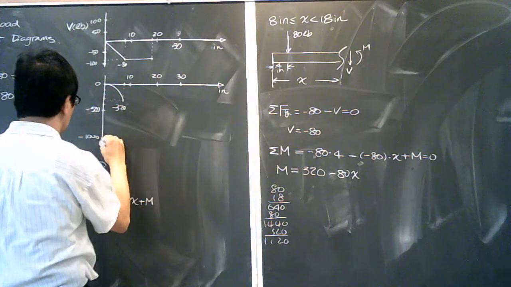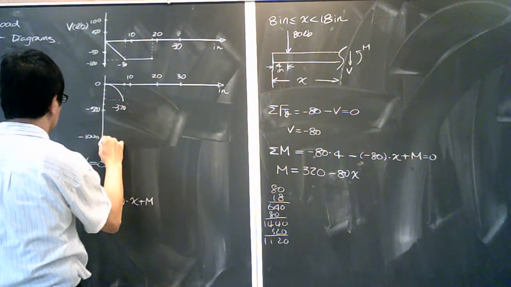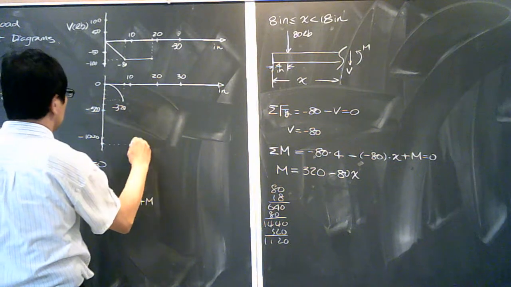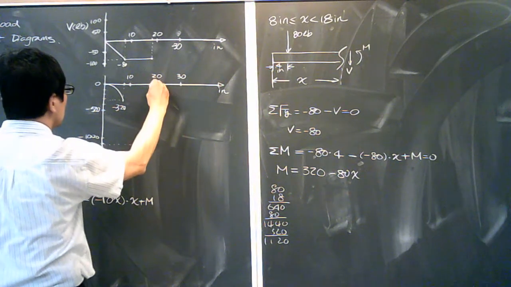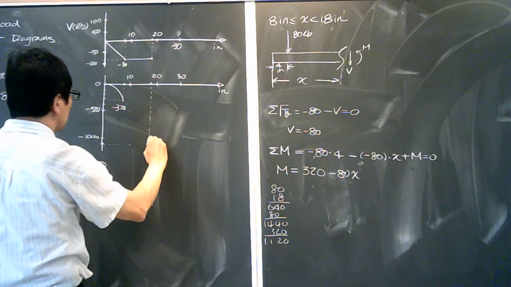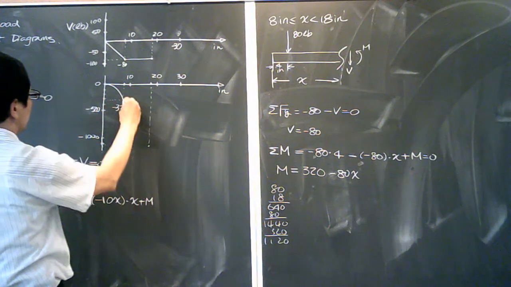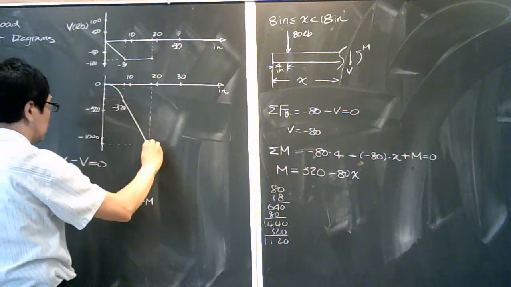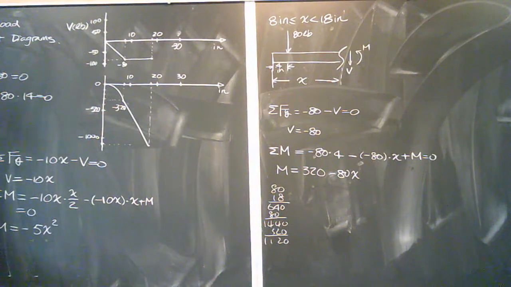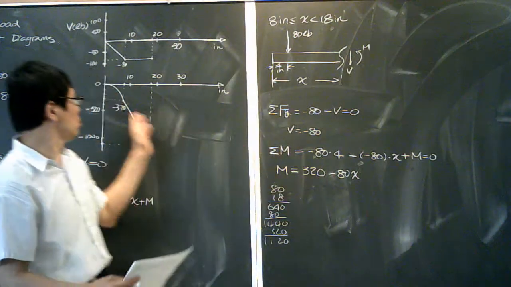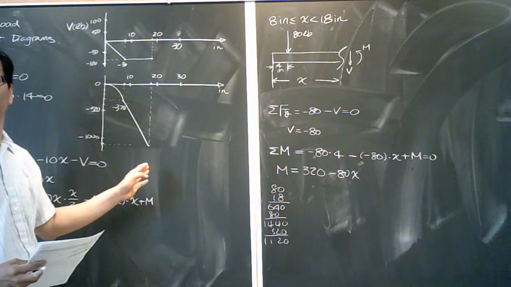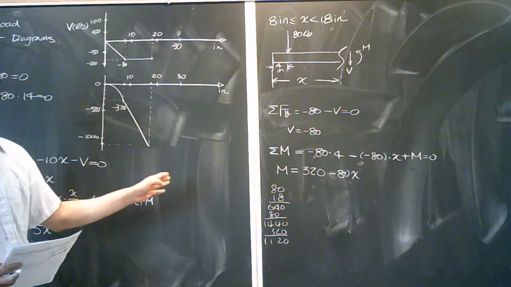So over here, it should be here. And this is a linear equation, so it's just a straight line, no longer a quadratic equation. Does that make sense to everybody?